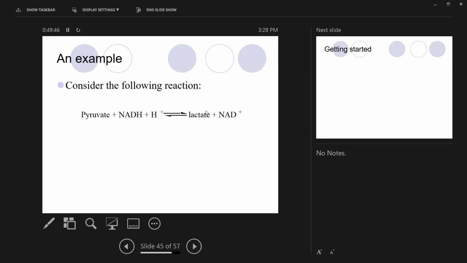So the pyruvate that gets generated by the oxidation of muscle glycogen and then glucose, now pyruvate will be used as a dumping ground for electrons, and you make lactate. So you're essentially going from this, that's pyruvate, to this.